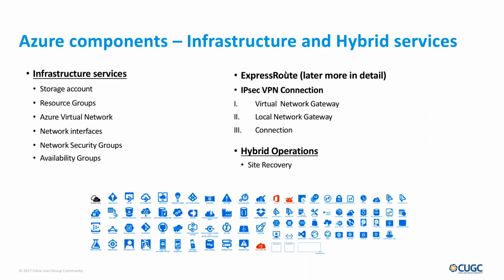Also a requirement to activate is the Azure Virtual Network. Otherwise, we can't restore any virtual machines. They need to be attached to a LAN network in Microsoft Azure. And you can also connect that Azure Virtual Network to your on-premise network, but more on that later. We also activate network interfaces, which are standard for virtual machines.